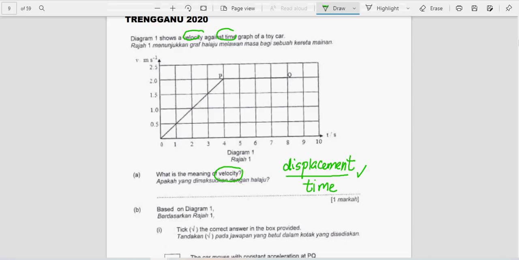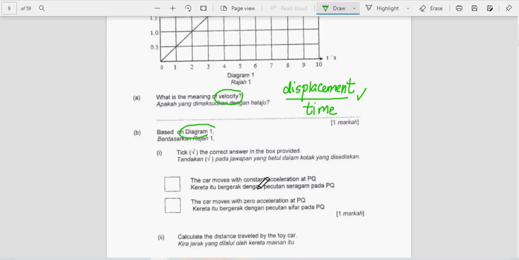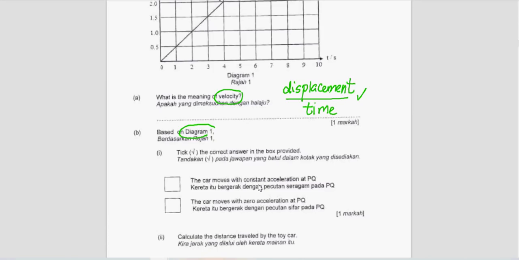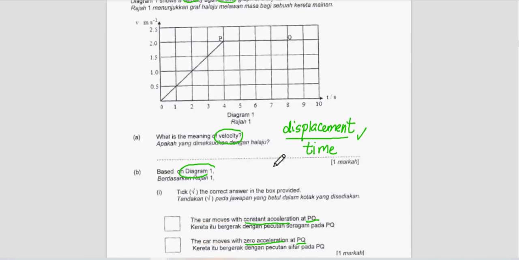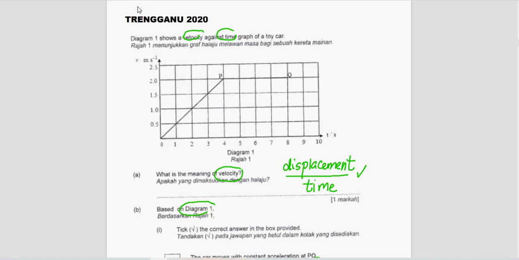Okay, next question. Based on diagram 1, tick the correct answer in the box provided. Look at the answers here. The car moves with constant acceleration at PQ. The other one is the car moves with zero acceleration at PQ. So this question is actually asking you to describe the motion of the car. Now look at the graph, focusing on PQ.